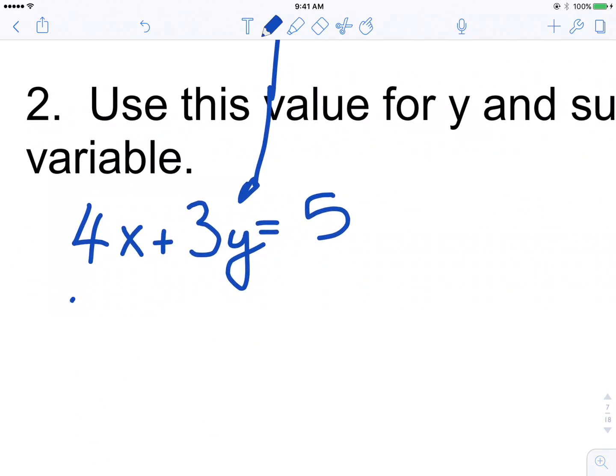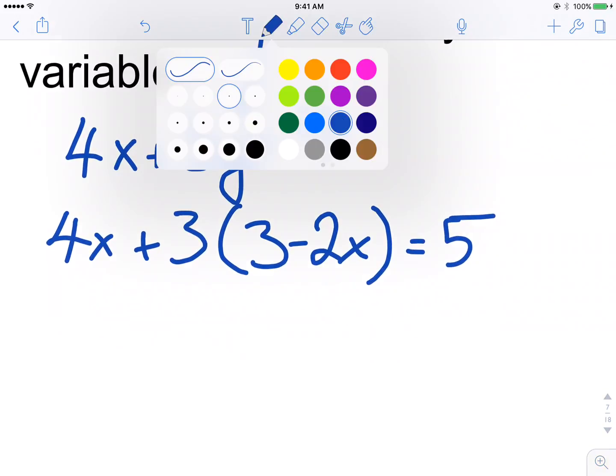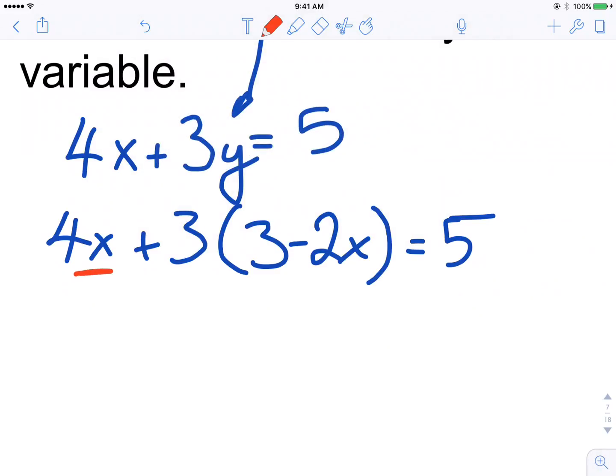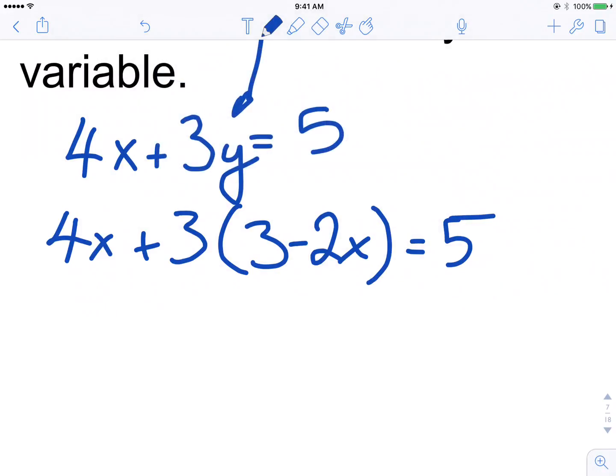So that looks like this: 4x plus 3 times (3 minus 2x) is equal to 5. Now algebraically, I have an equation with one variable, x, and that means I can solve for that variable. But before I solve, I have to do some rearranging and simplifying.